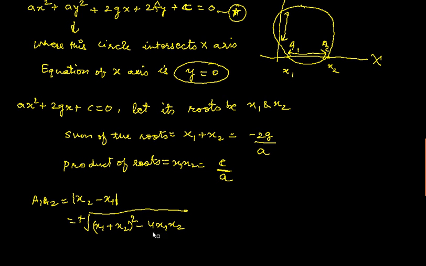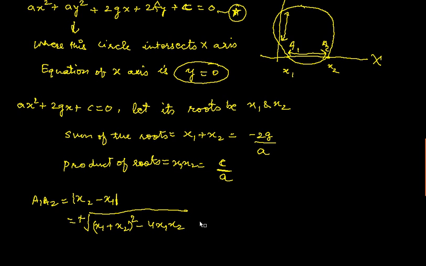This is nothing but the algebraic formula. I can write this thing as x1 square plus x2 square plus 2x1 x2 minus 4x1 x2. That plus 2x1 x2 minus 4x1 x2 will give me minus 2x1 x2, and that will give me x1 square plus x2 square minus 2x1 x2. That will give me x1 minus x2 whole square, and the positive square root will give me this thing.